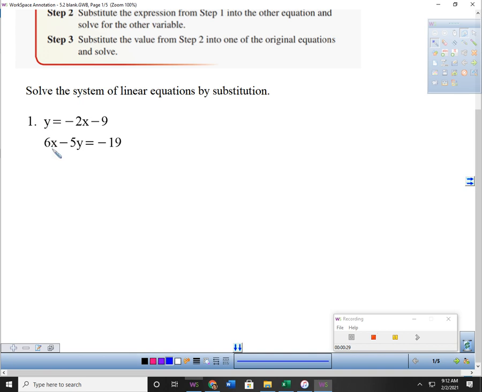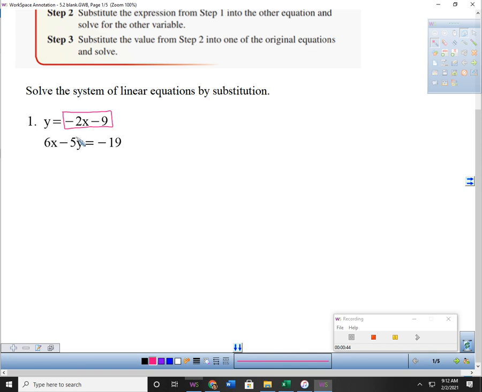So if I look at this, I'm going to solve one of these for either x or y. If you look at this, y is already by itself, correct? So that means that y is equal to all of this, which means they're interchangeable, right? So everywhere I see a y, I can replace it with negative 2x minus 9.